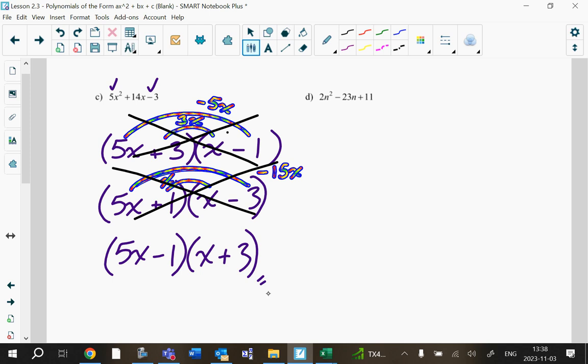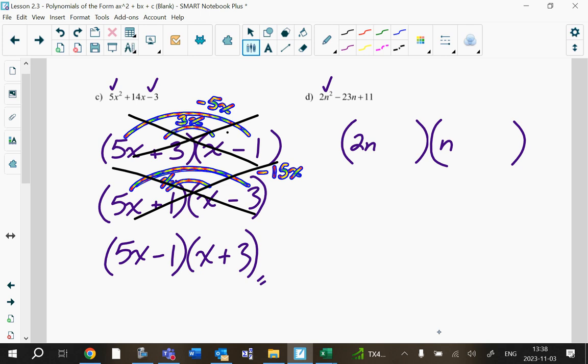Actually, let me do one more. Would you all agree that it's going to be 2n and n? Because they have to multiply to get that. Would you all agree that the numbers are going to be 11 and 1 or 1 and 11? Because that's the only pair of numbers that gets me 11.